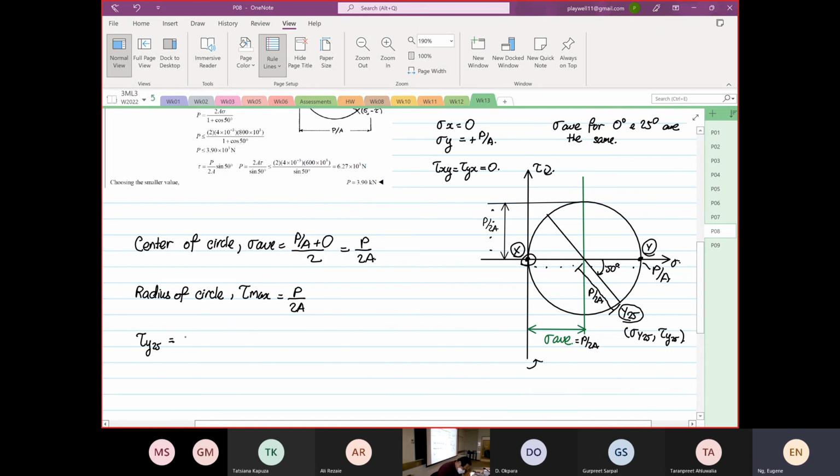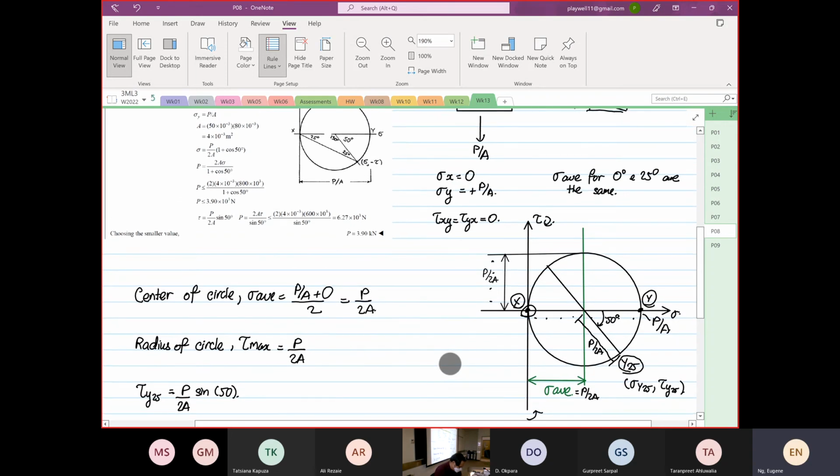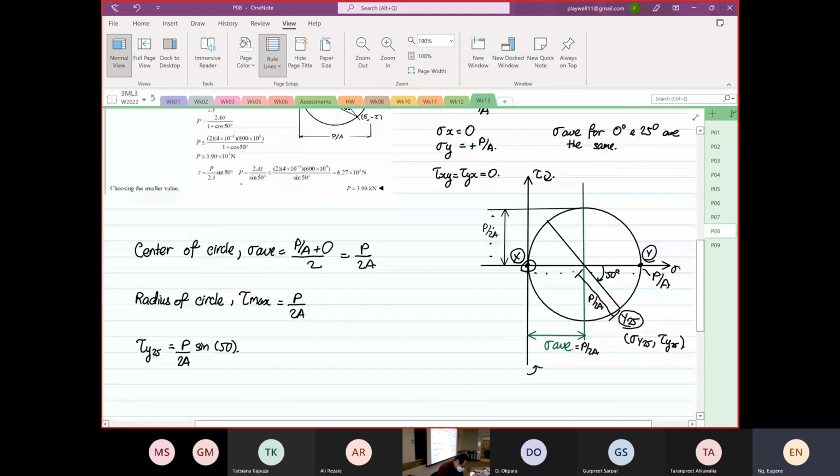Is P over 2A sine 50. Right? Does that make sense? Am I doing something right or wrong? Yeah, we are doing something right. P over 2A sine 50.